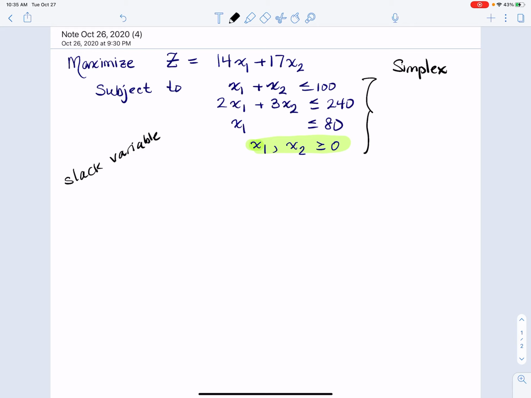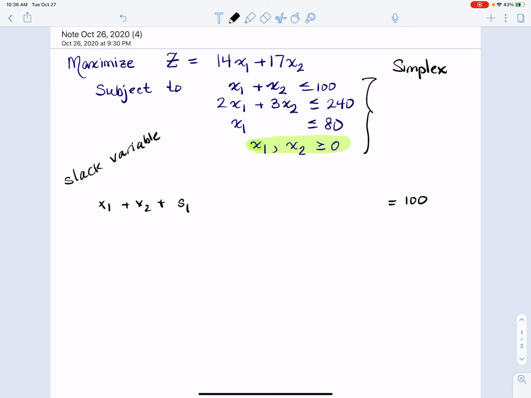So the z does not get a slack variable, it's an equal sign. So I'm going to write x1 plus x2 plus something, and I just want things to line up, so I'm just going to put the equals over here. So the slack variable I'm going to use, and again, it's a non-negative number because we're talking about x1 and x2 possibly being smaller than 100. So we have to add another positive number, or at least non-negative, into the mix. I'm going to call it S1.